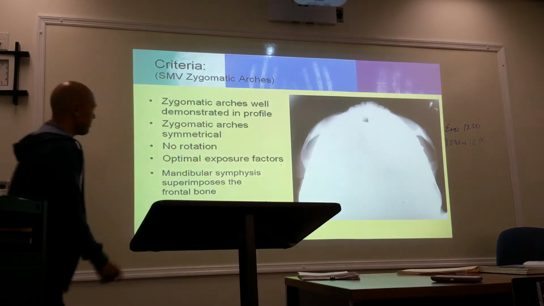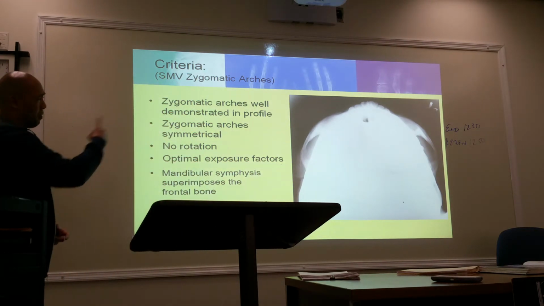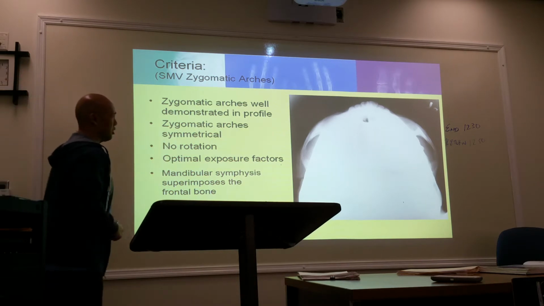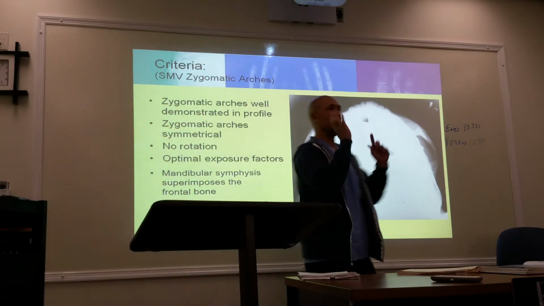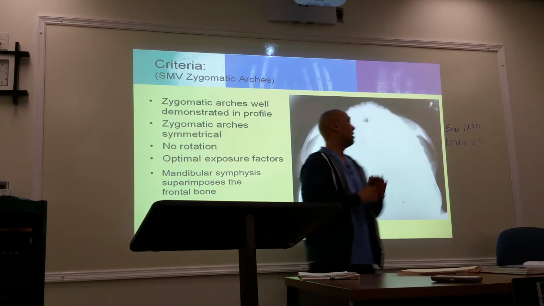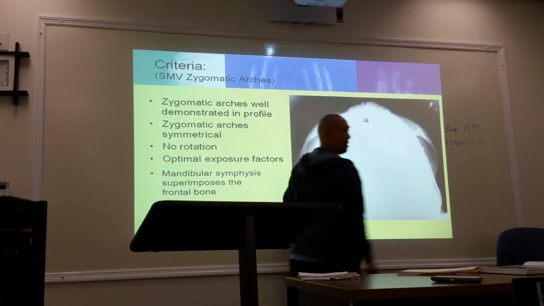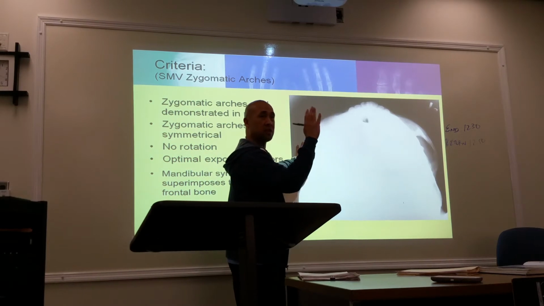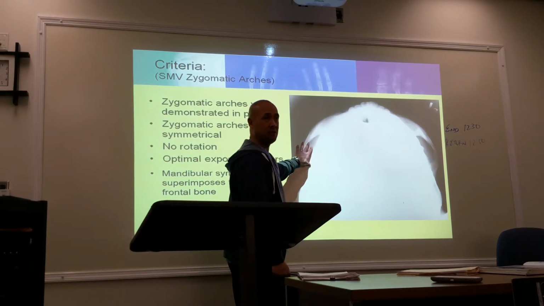Again, it's going to be a demonstration of both zygomatic arches. They're going to be well demonstrated in profile. They should be symmetrical. What's going to happen here is if you do have rotation or tilt, you're not going to see both. You'll see one, but the other one becomes occluded because of the rotation and tilt.